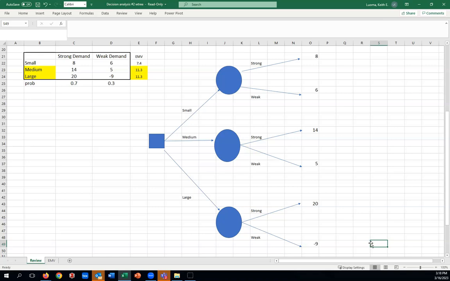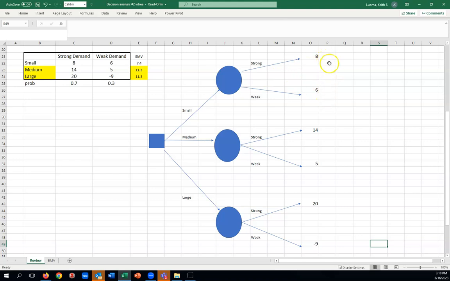Okay, so 6 different outcomes in this tree diagram. Now, we're going to do what's called a rollback, and a rollback basically uses EMV, and it works like this. Once we decided to build that small condominium complex, we have 2 possible outcomes.